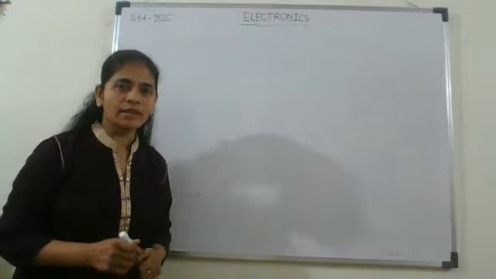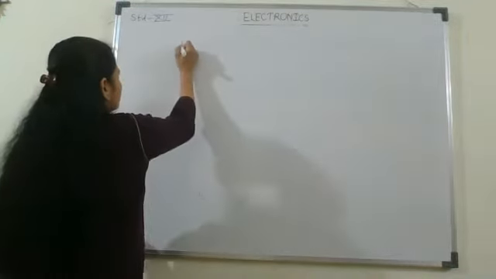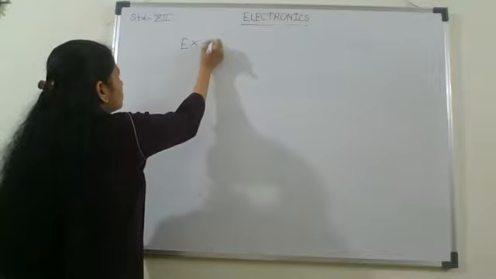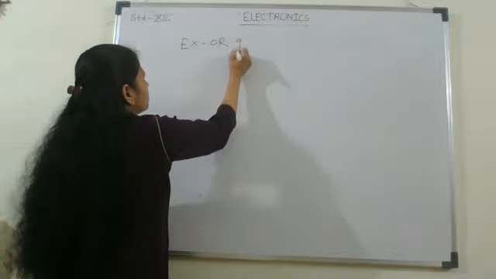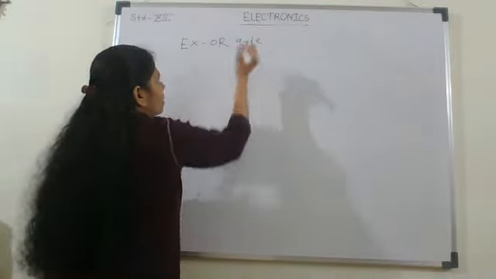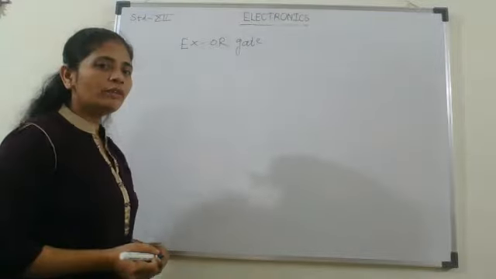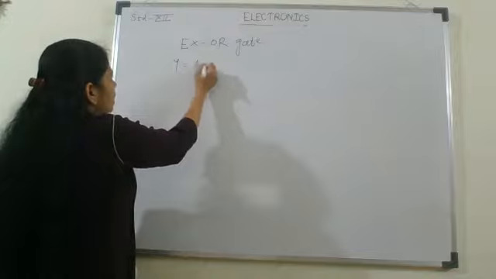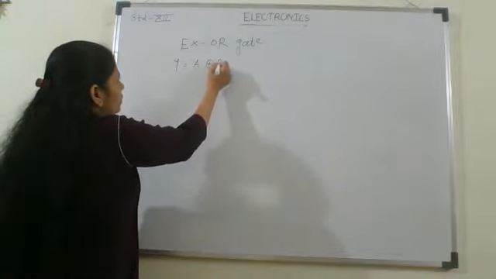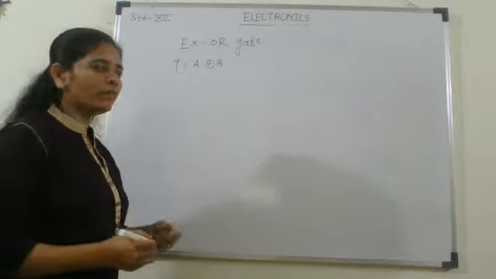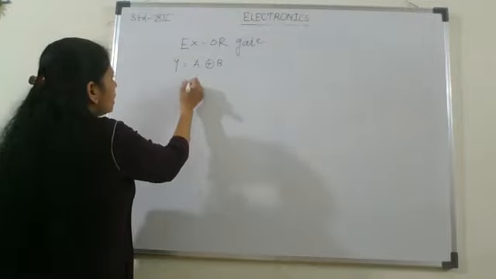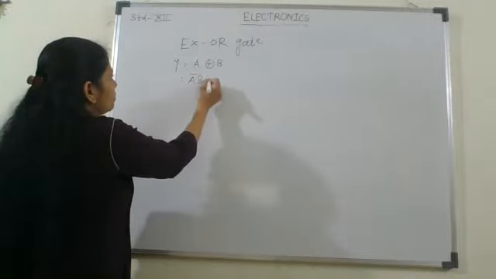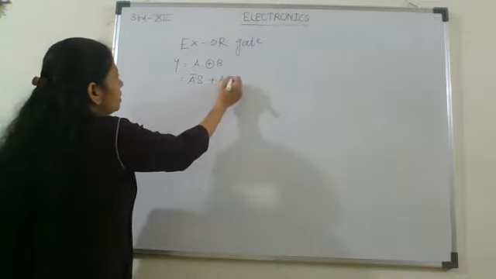Let's draw the diagram of the XOR gate. As we know, the Boolean equation of the XOR gate is Y equals A XOR B, or we can write this equation as A bar B plus A B bar.